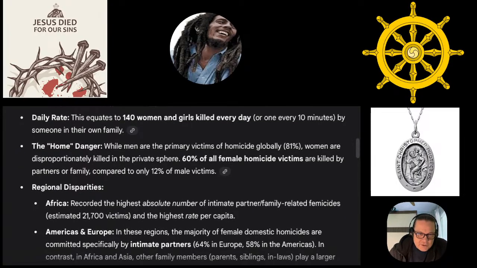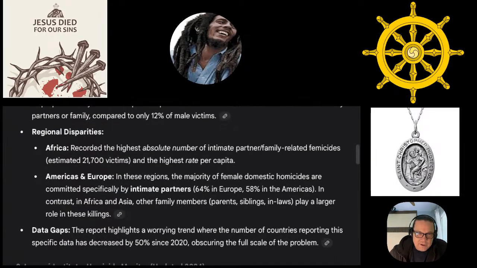Anyway, regional disparities. Africa has recorded the highest absolute number of intimate partner and family related femicides, an estimated 21,700 victims, and the highest rate per capita. In the Americas and Europe, the majority of female domestic homicides are committed specifically by intimate partners: 64% in Europe, 58% in the Americas.